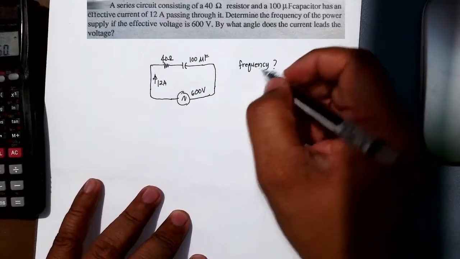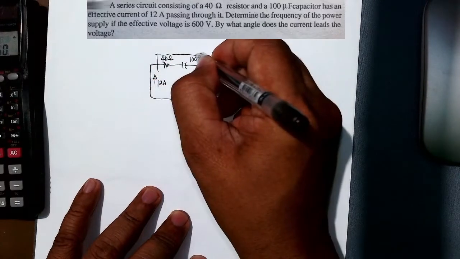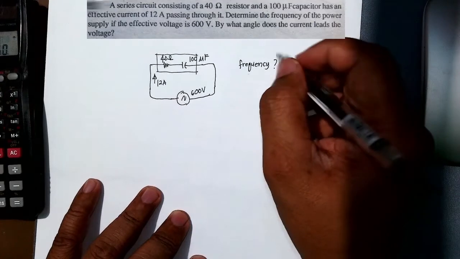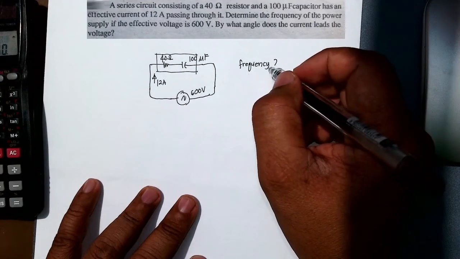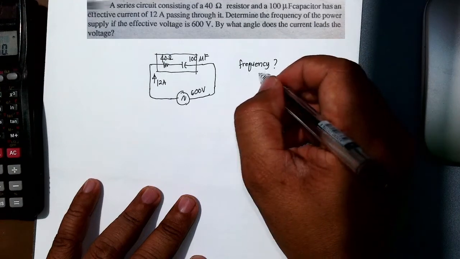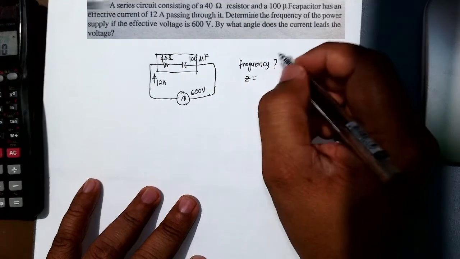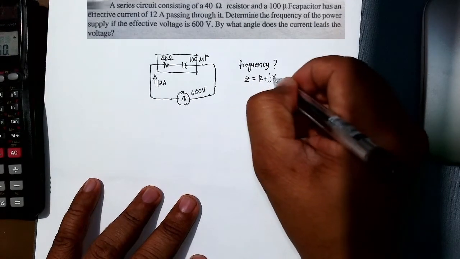Now we know that this one is an impedance. To get the impedance in rectangular form, it is generally represented as Z equals R plus jXC.